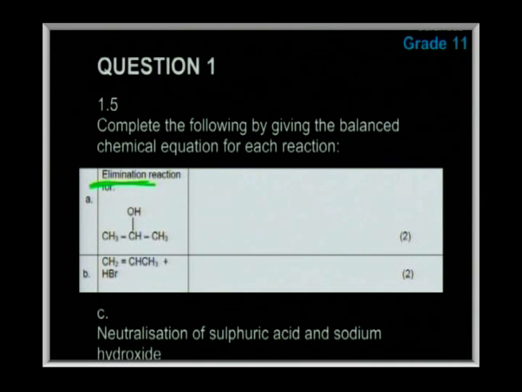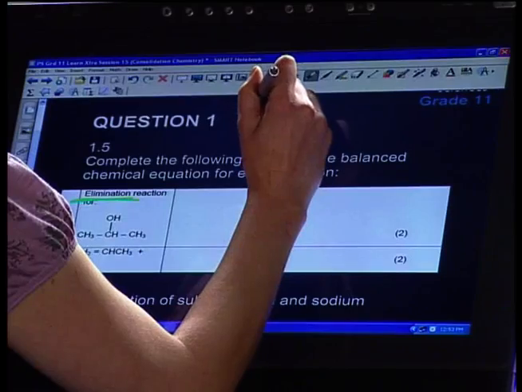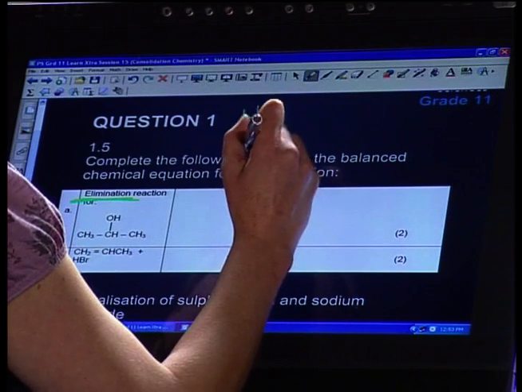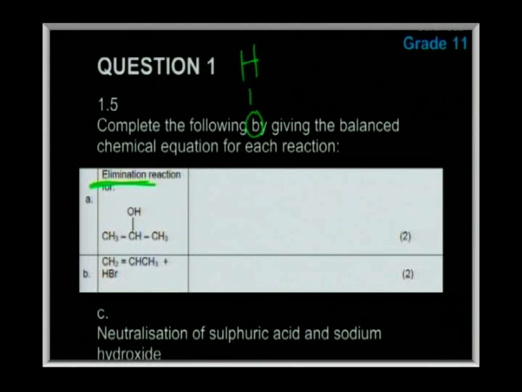Now, whenever we're dealing with an elimination reaction, something obviously has to be eliminated from the reaction, and very often, guys, it's water. And water is eliminated as follows. By taking a hydrogen from, let's say, one of the carbons, and by taking an OH from another carbon, because that H and that OH is going to make up the water.